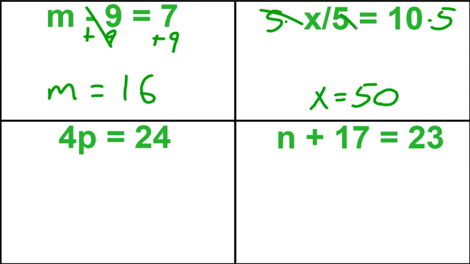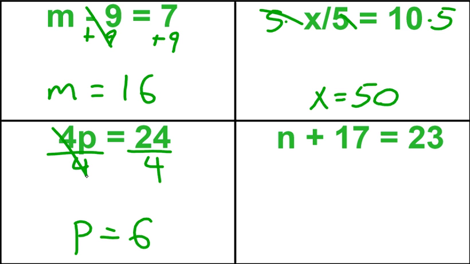How about P? P equals 6 is correct. It's multiplying 4 times P, so you divide by 4. Our 4's cancel. 24 divided by 4 is 6.